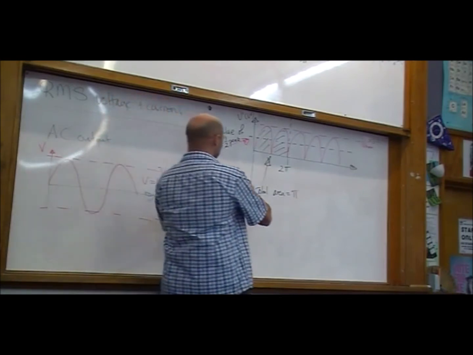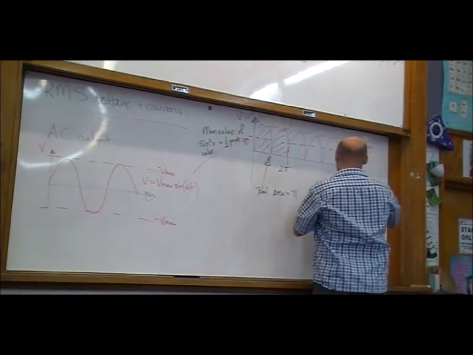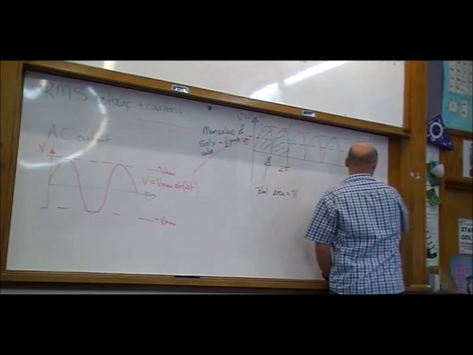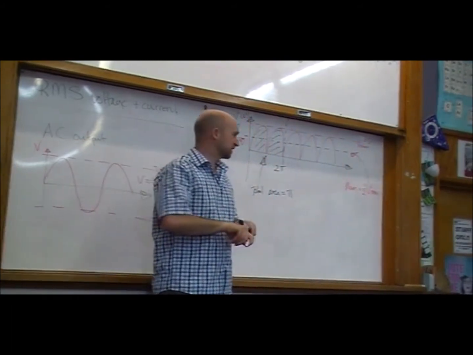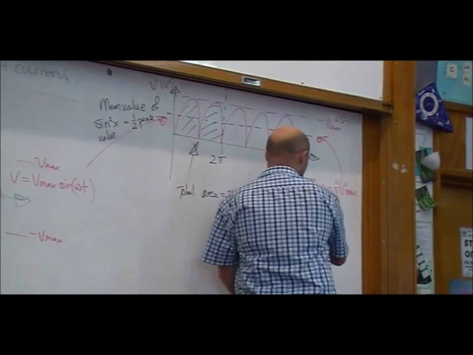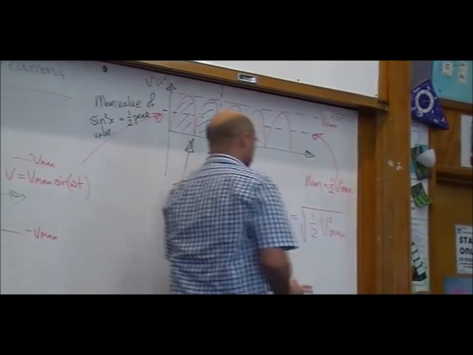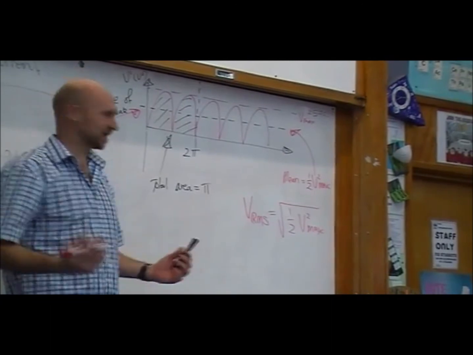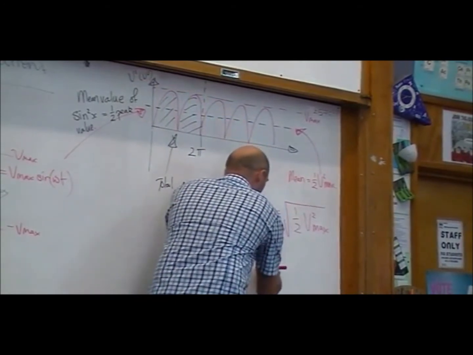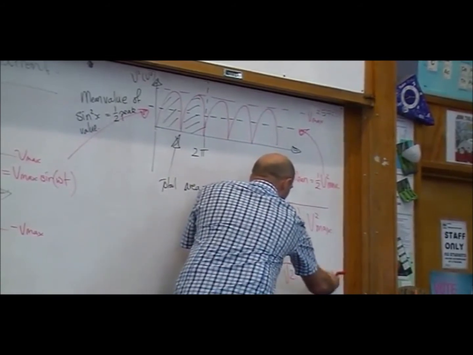The average value of this graph is going to be half Vmax squared, and so the root mean square voltage is going to be the square root of half V max squared. And the square root of a square is just going to cancel out. So we just end up with V RMS is 1 over root 2 V max.